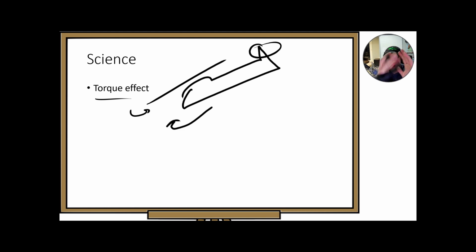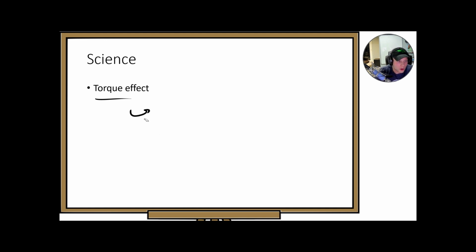It wants to spin in the opposite direction that the rotors are spinning. And so we have a tail rotor to account for that unwanted torque effect.